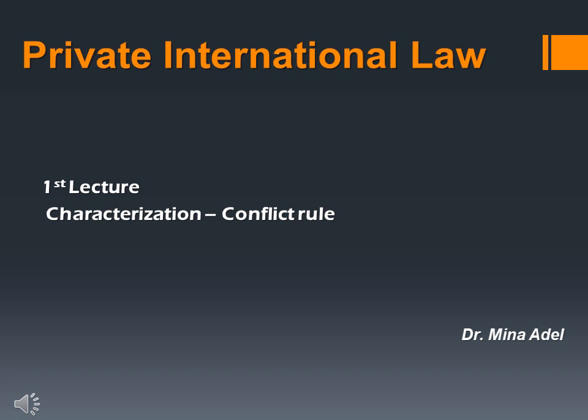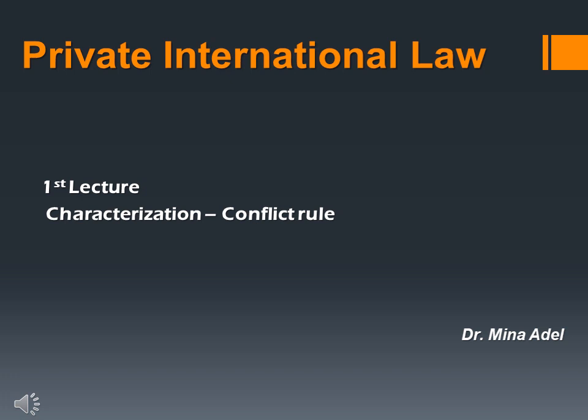Last week, if you remember, we talked about a general overview of the subject, and then we talked about our gate to private international law, which is the foreign element. We said that the foreign element is our gate because it will transform any private relationship into a private international law relationship.